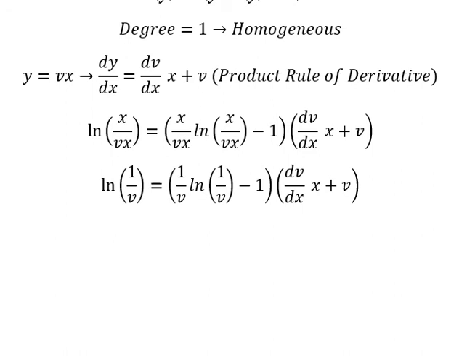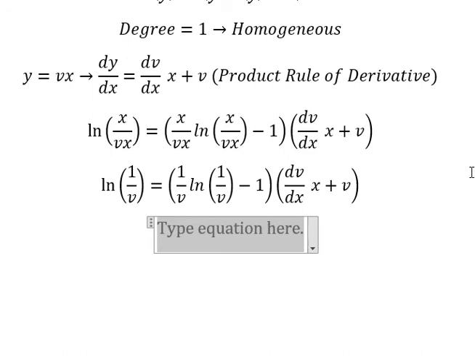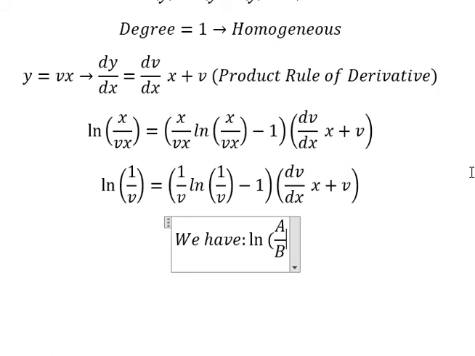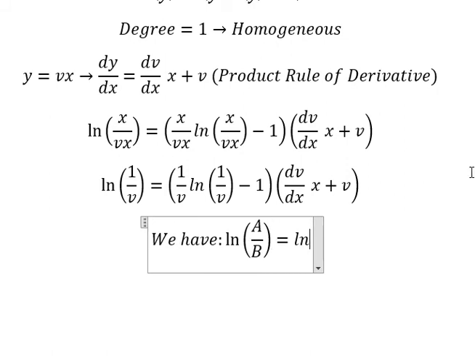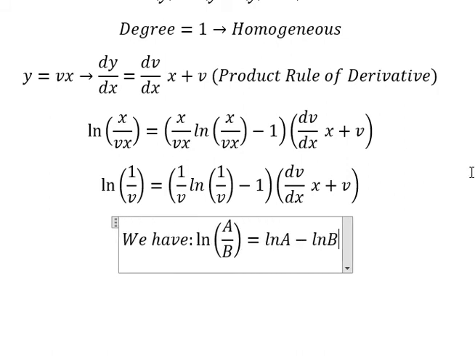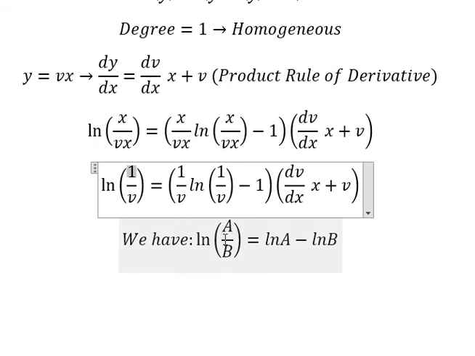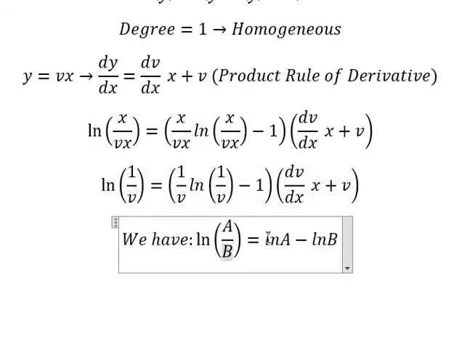Next, we have the formula in here. ln A over b equals ln A minus ln b. Now, number 1, that's A. V, that's b. So we need to transform into this one.